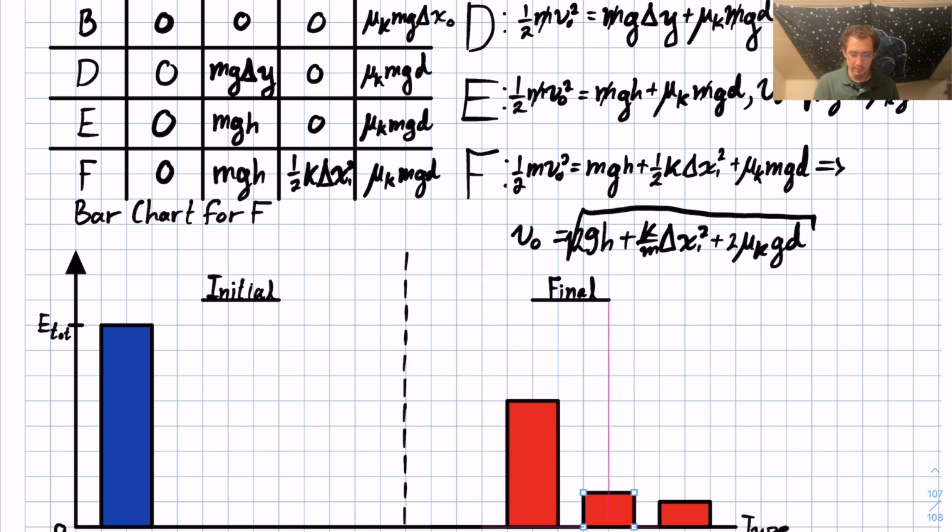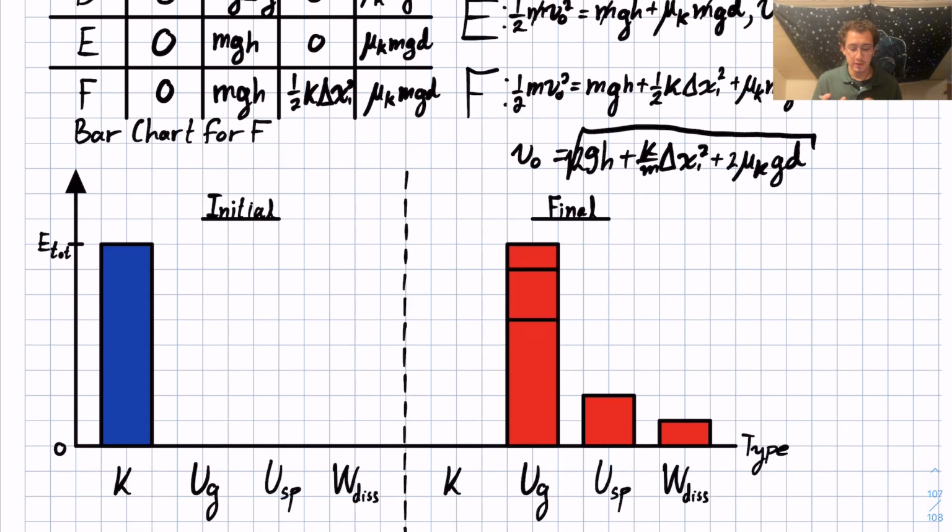There is some spring, and there is some dissipated energy. And if you added those up on top of each other, you would see that they reach the exact same height. That's because energy overall is going to be conserved. So the final bar chart should look like that.